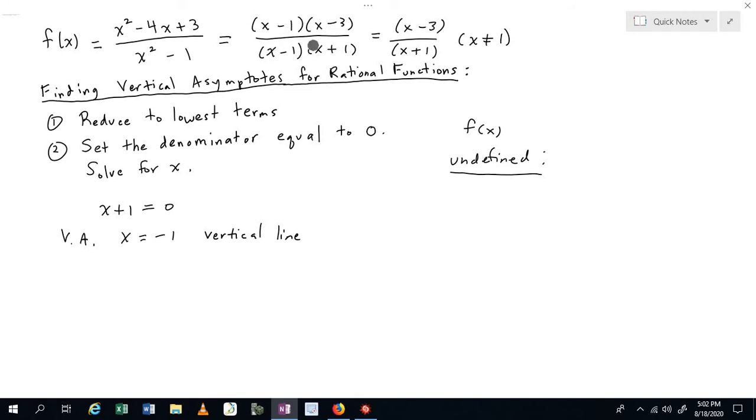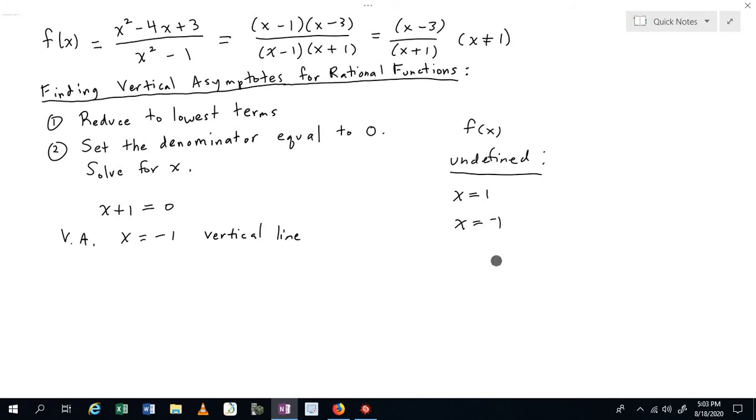It's undefined anytime you get division by 0, and that happens when x is 1, but it also happens when x is -1, because if you plug -1 into this, you'll get 0 here. So there's two places where f of x is undefined. It's undefined when x is 1, and it's also undefined when x is -1.